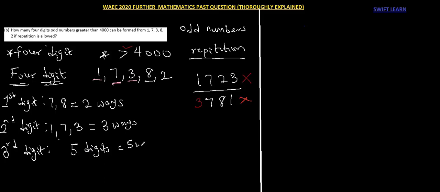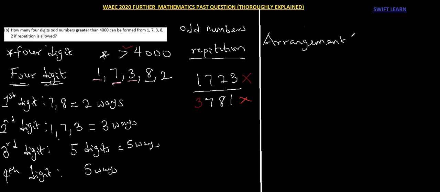That's 5 ways. So for the 4th digit also, repetition is allowed, so you still have 5 ways also. So looking at what we have here, the arrangement will be equal to 2 times 3 times 5 times 5.